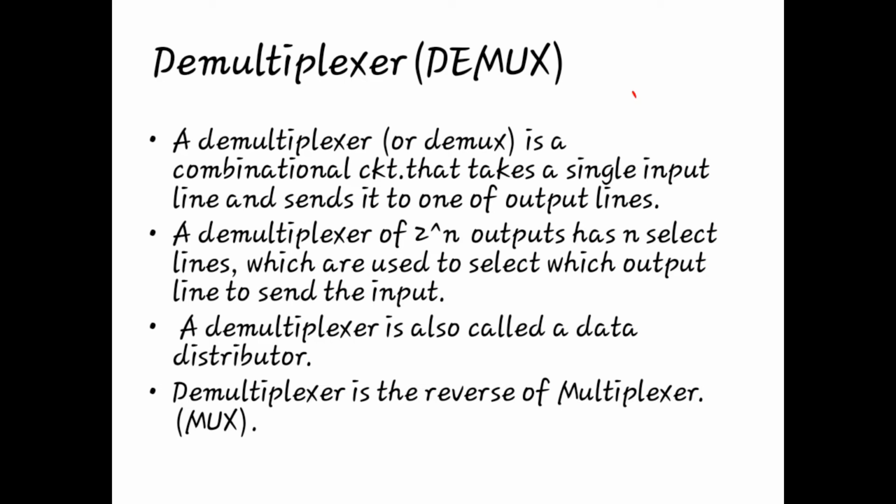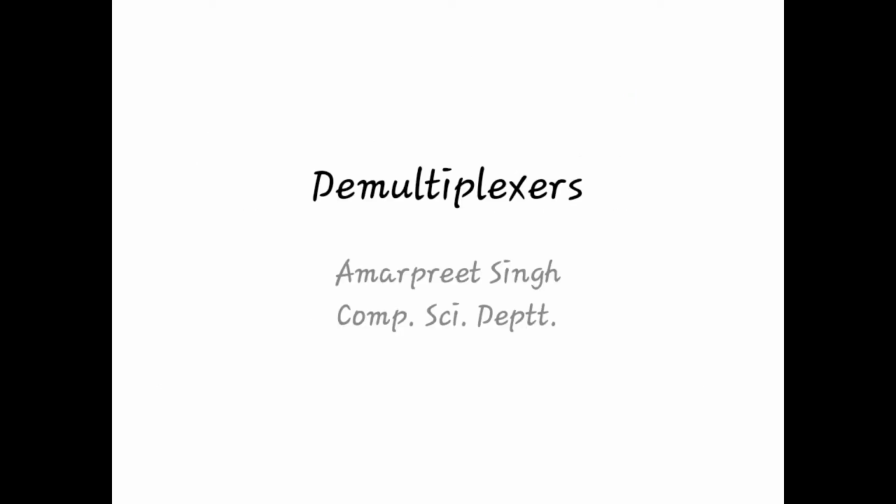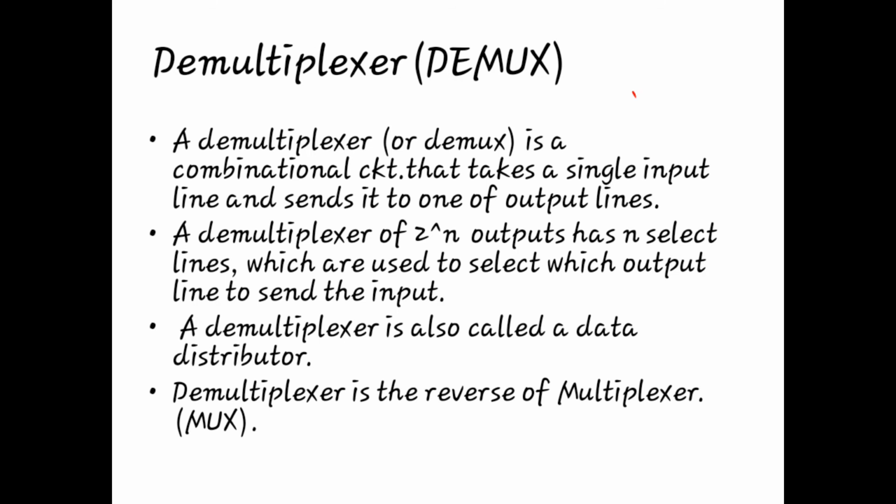So you can see here a demultiplexer has 2 raised to power n output lines with n number of select lines. These select lines are basically used to select which output line to send the input to.